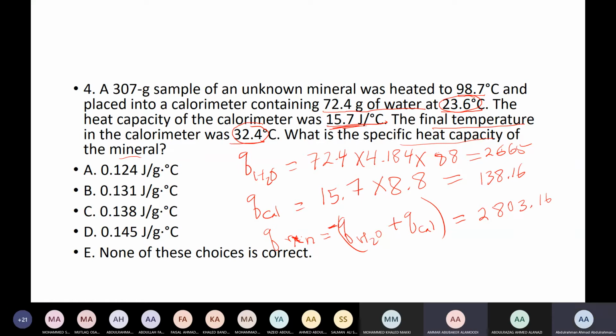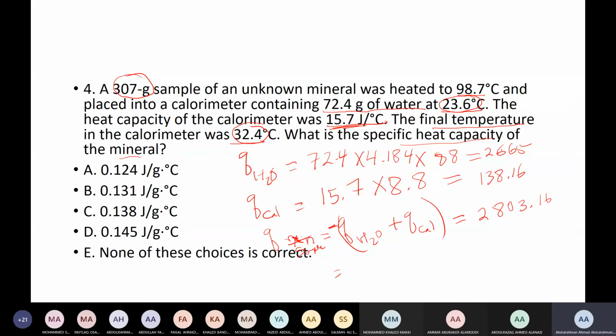Okay, good. Now let's talk about this one, for the metal, not reaction but sample. This one is equal to what? The mass of the sample, which is 307 gram.